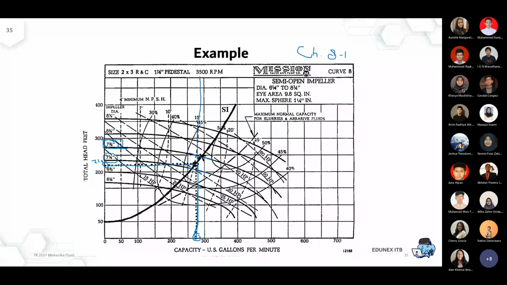So using this efficiency, divide by 0.48 something, and you will get your horsepower pump requirement.